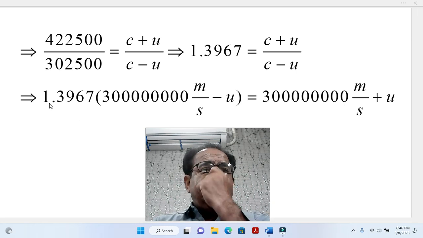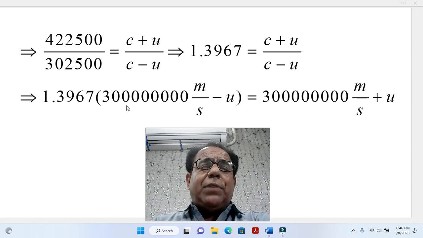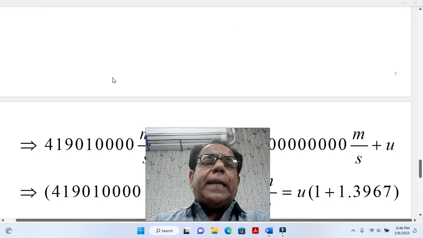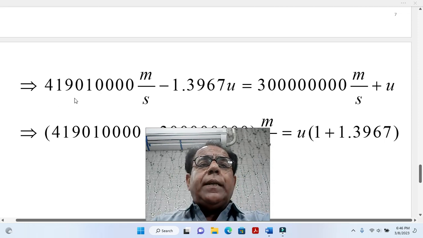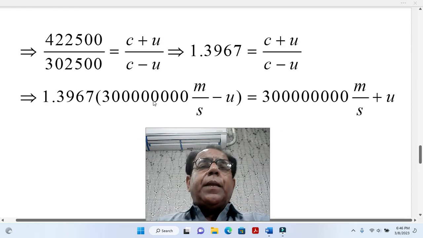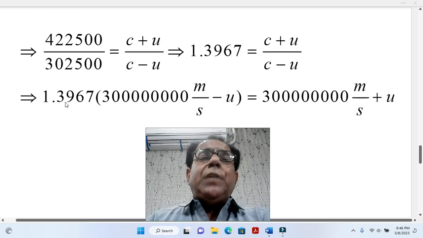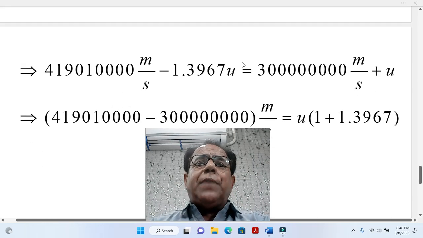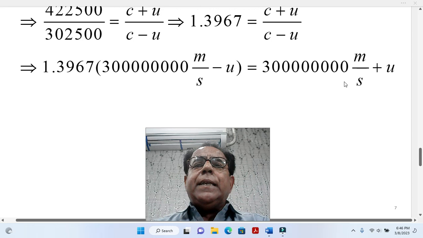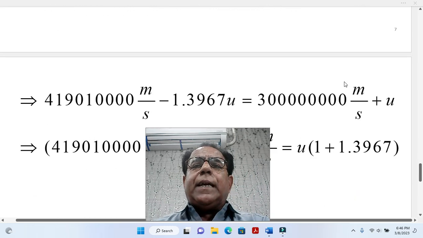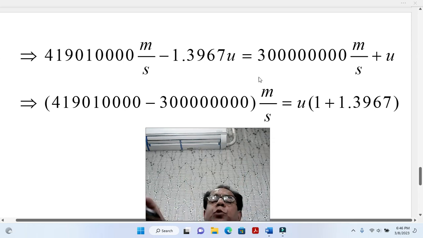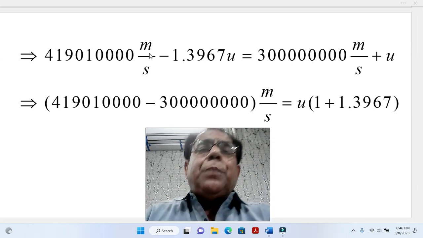When 1.3967 will be multiplied with 3 along with 8 zeros, then it will become 419010000 meter per second minus, when it will be multiplied with u, then simply u and that value. Similarly, on the right hand side we have made no changes, it is still existing in the same form. We have just reproduced the right side while we have simplified the left side.